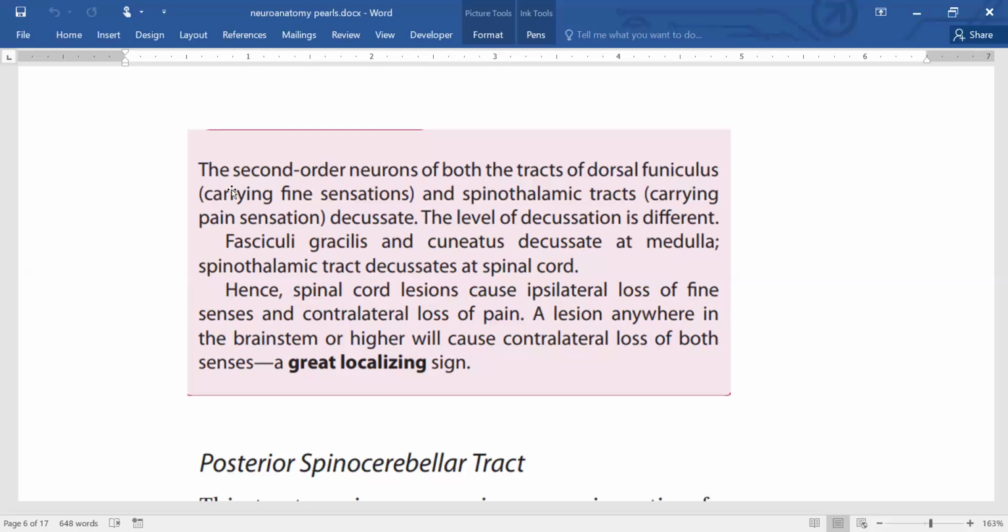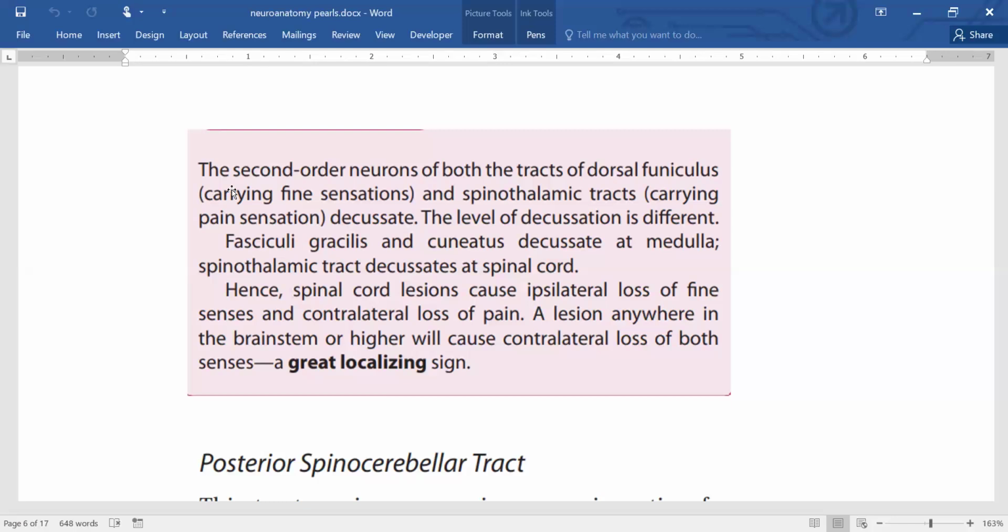So all the tracts have their first order neurons in the dorsal root ganglia, while the second order neuron is mostly in the posterior horn, but in the case of the dorsal column medial lemniscal tract, it is in the medulla. Then the third order neurons are mostly in the ventroposterolateral nucleus of the thalamus, but the spinocerebellar system tracts go into the cerebellum.